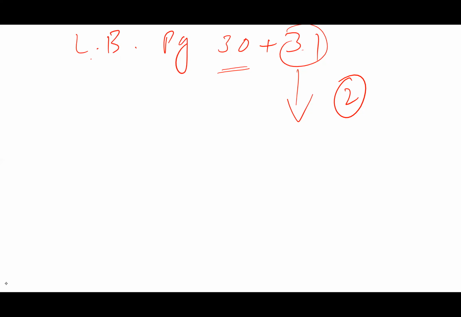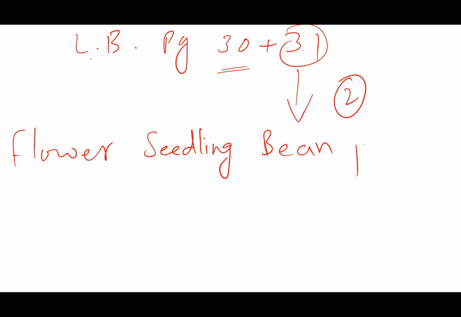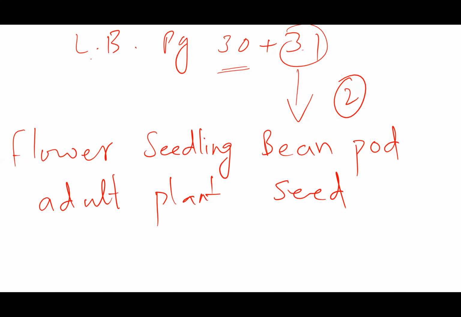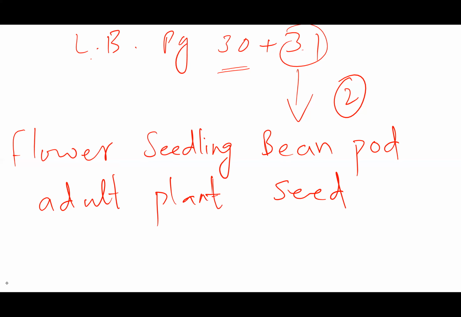It says flower, seedling, bean pod, adult plant, and seed. I'm going to write it here first, and then we're going to place these in the correct order. Okay, first of all, as you remember, we just did it. We started with the seed.